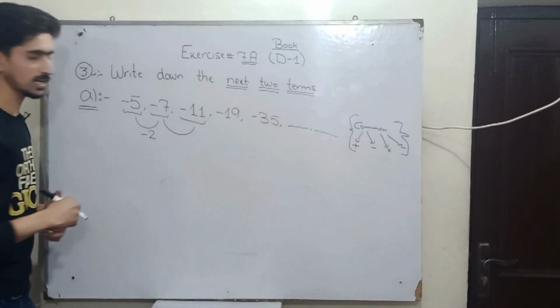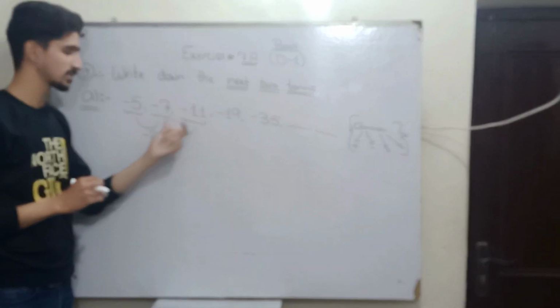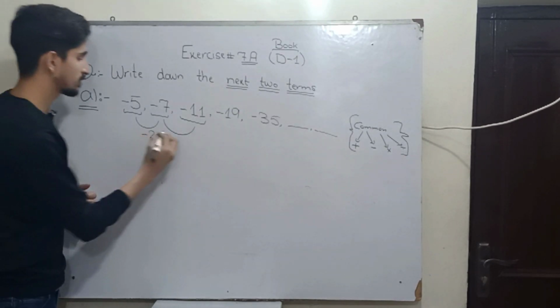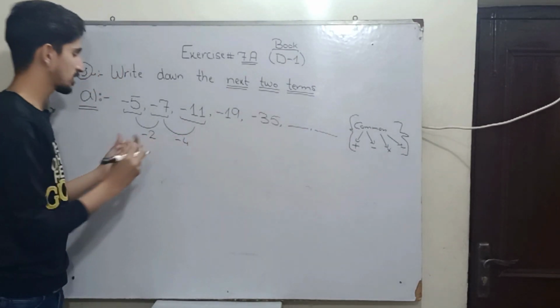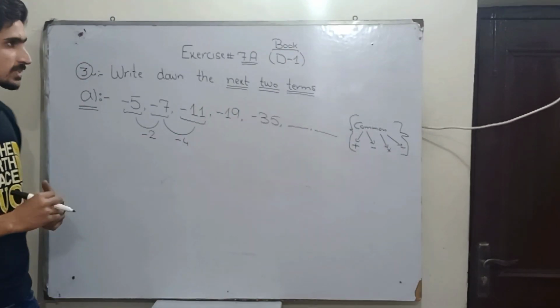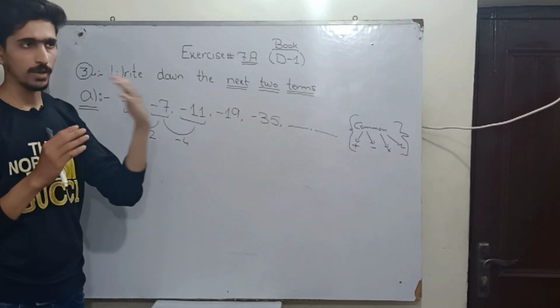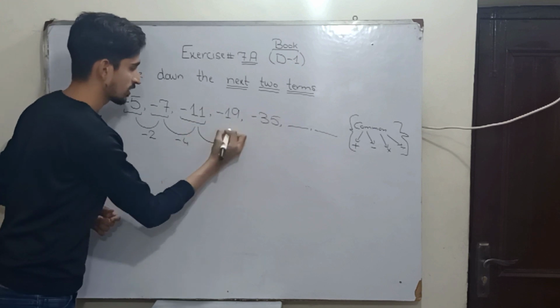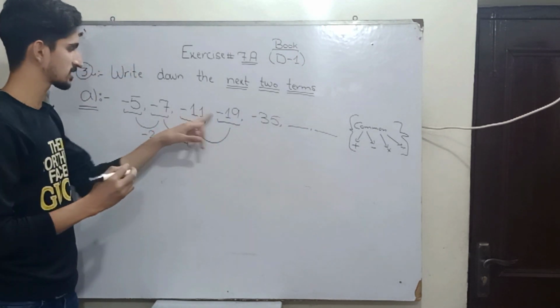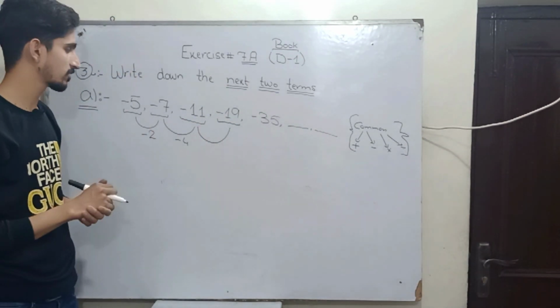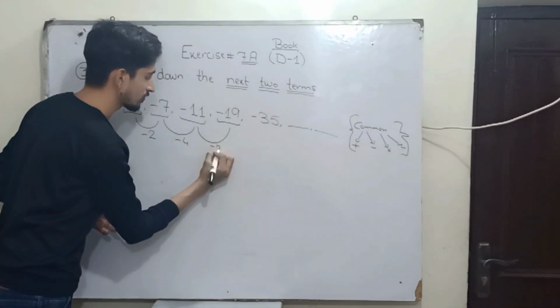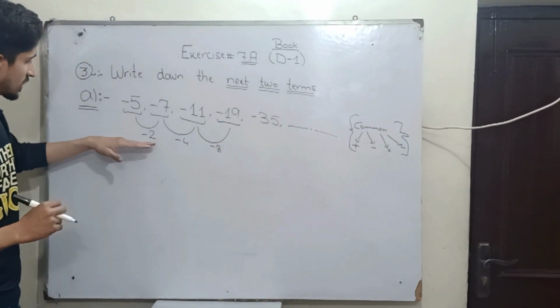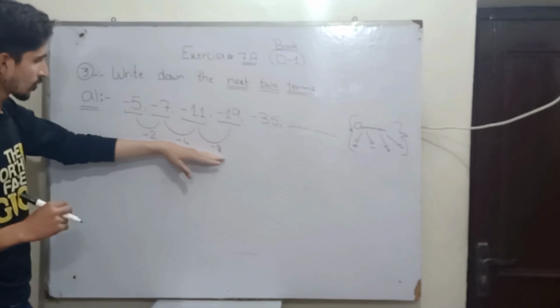Now check the difference between -7 and -11: that is -4, which is 2 multiplied by 2. Again, the difference between -11 and -19 is -8. So the differences are -2, -4, -8.